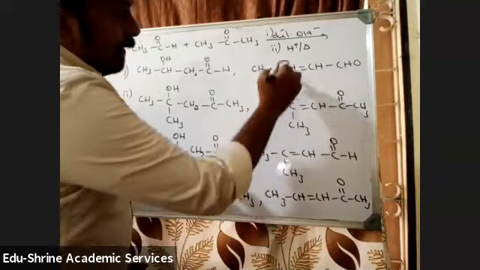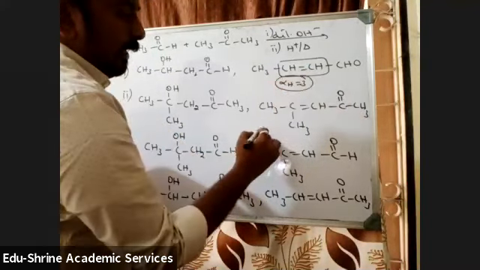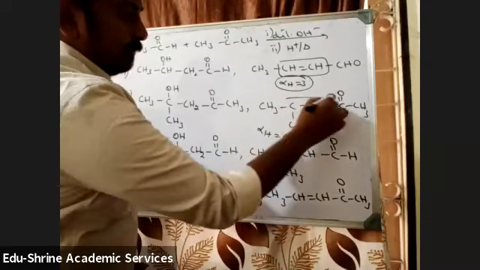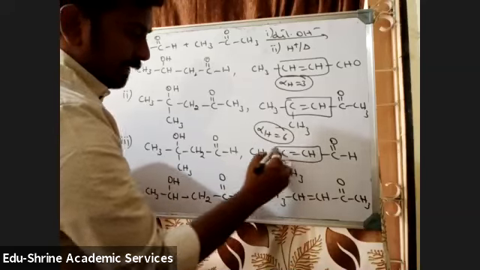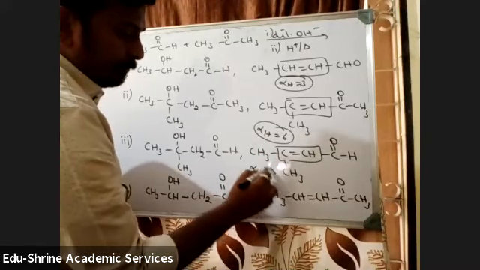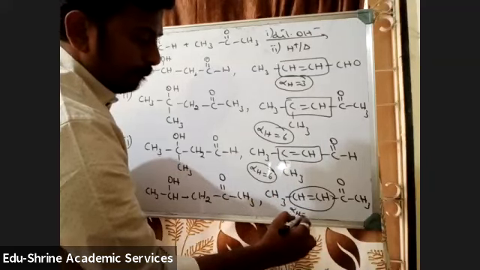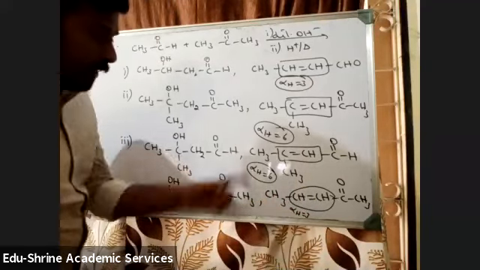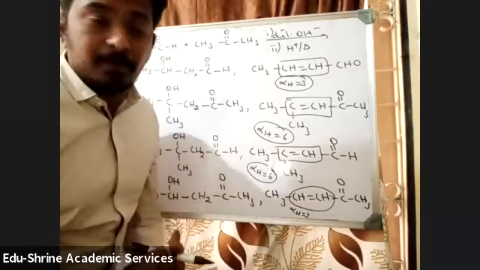See, here there are 3 alpha hydrogens, students. Here there are 6 alpha hydrogens. So here there are 3 alpha hydrogens. Now see here. You are getting 2 different alkenes with the same number of alpha hydrogens. Then how will you identify the major product?